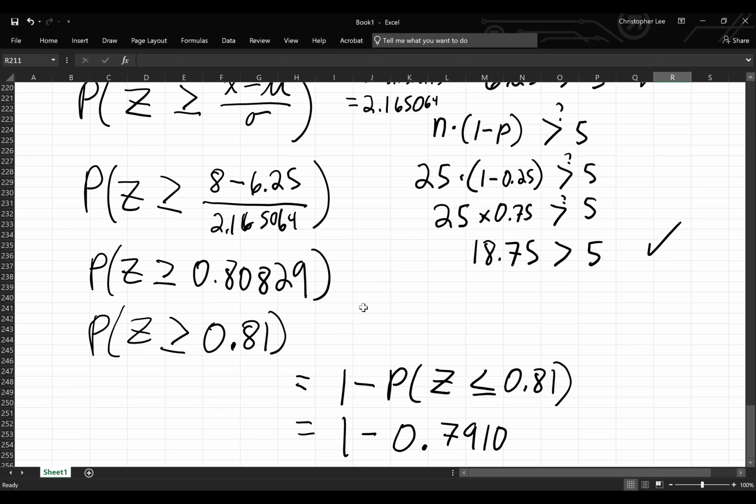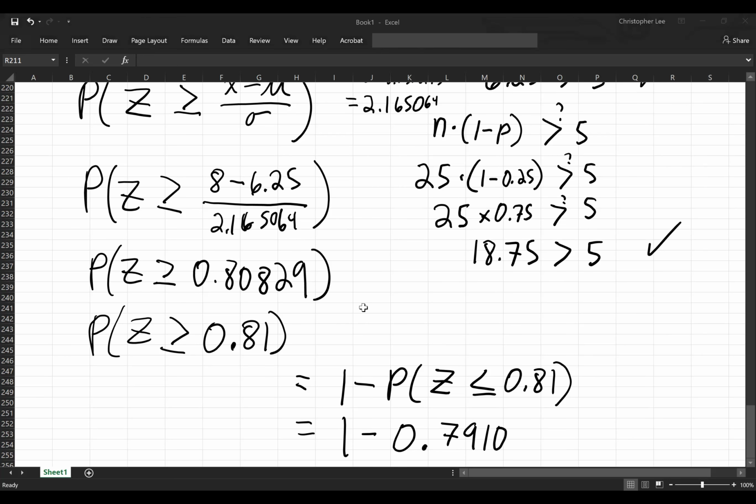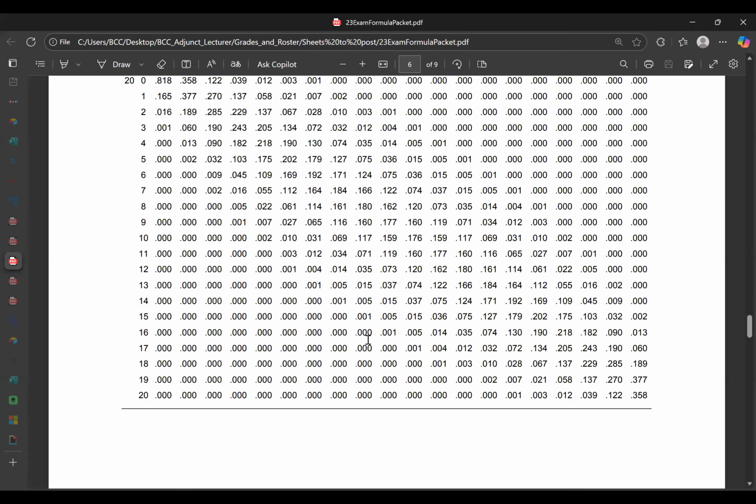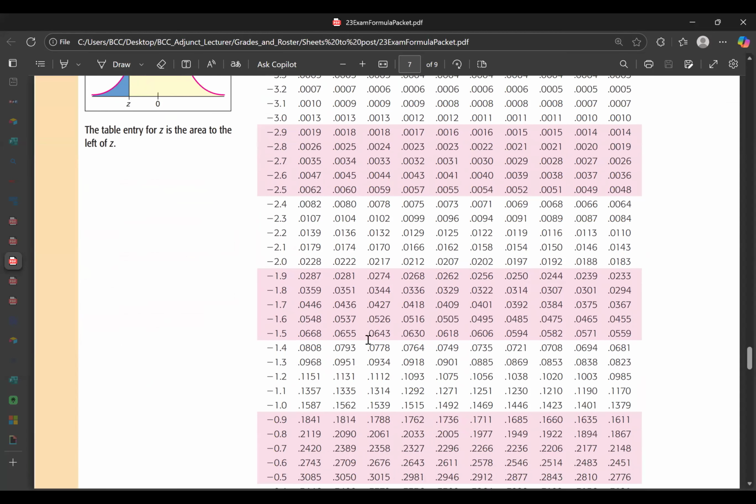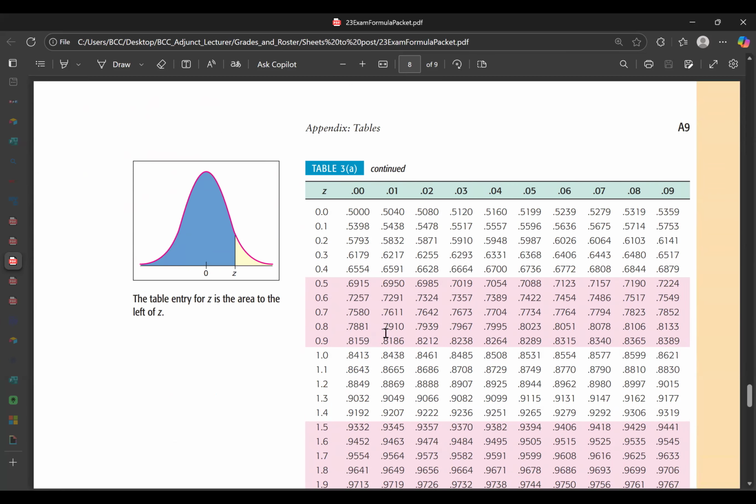What are we looking for? 0.81. So I'm going to verify if that's right. You go to the positive table, go to 0.8, and then 1. What'd you say it was? 0.7910.